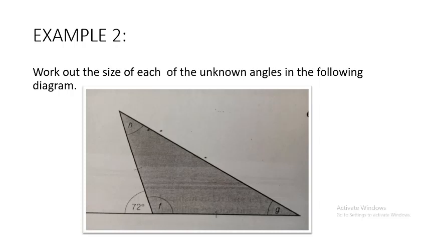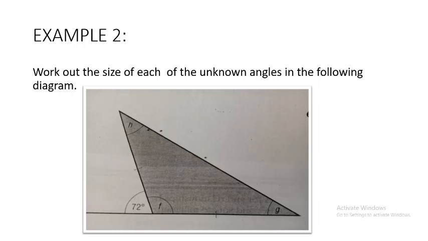But if you check inside the triangle, we don't have any angle which has been given. So for us to find the angles in this triangle, we are going to use the given exterior angle, which is 72 degrees, to find the size of angles in this triangle.